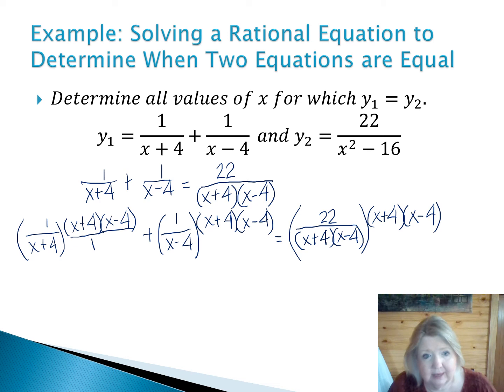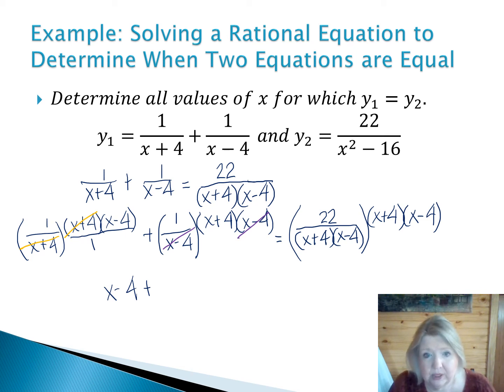So on this left one, x plus 4 in parentheses cancels with x plus 4 in parentheses because they make a 1. Any number over itself is 1. And what that leaves me here is just x minus 4 plus. Okay, my second term on that side, x minus 4 in parentheses over x minus 4 in parentheses is 1.